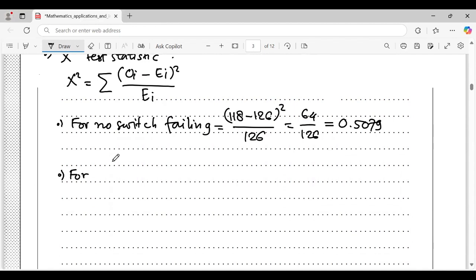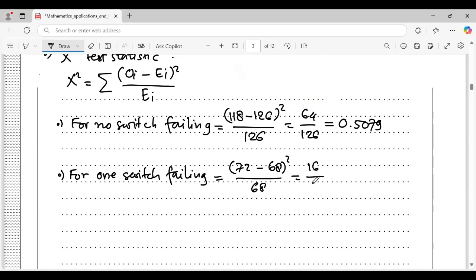And next, for one switch failing, it is 72 minus 68 squared over 68. It is 16 divided by 68, 0.2353.